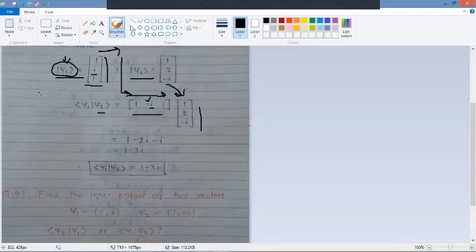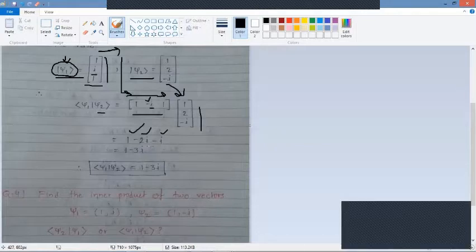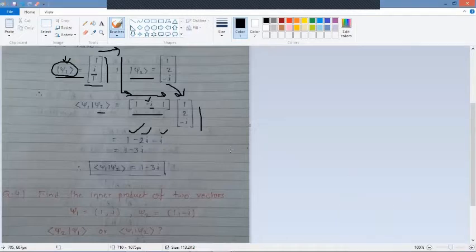Solve this simple matrix calculation: 1 into 1, minus I into 2I, minus 2I, and this 1, and this is minus 1 minus I, it is minus I. After calculating this, we have 1 minus 3I. This is the final value of this inner product.